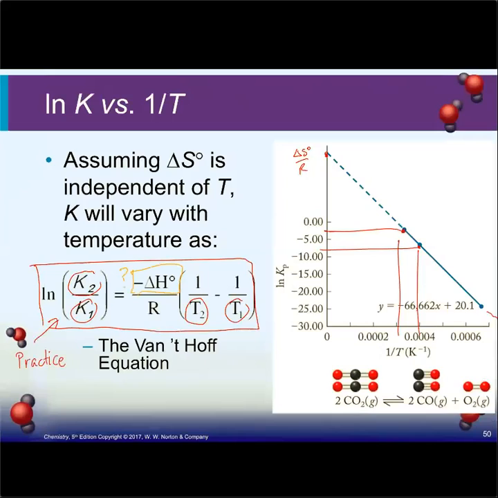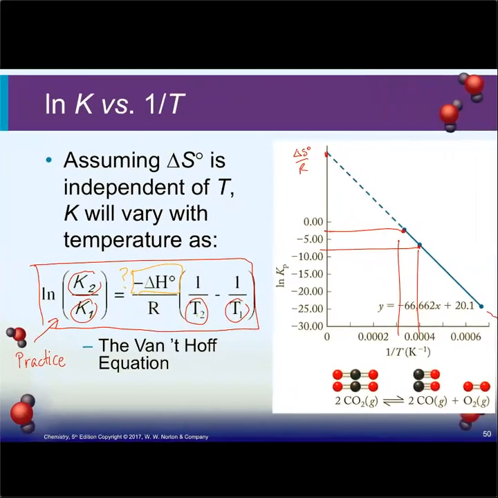Sometimes they'll give you the delta H, the K2, the K1, and T2, and ask you to calculate T1, for example. So you have 5 variables, the 4 in red and the 1 in orange. Usually you calculate the one in orange, but they can give you any 4 of them and ask you to calculate the 5th one.